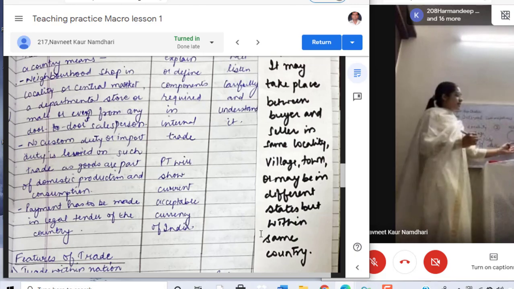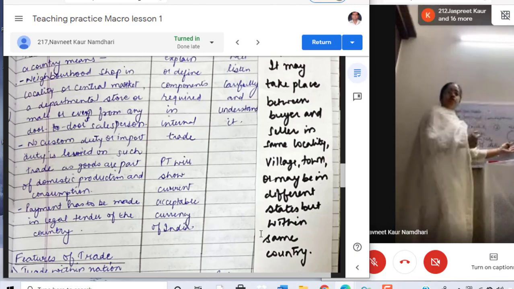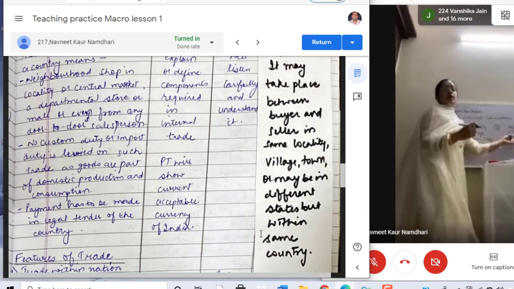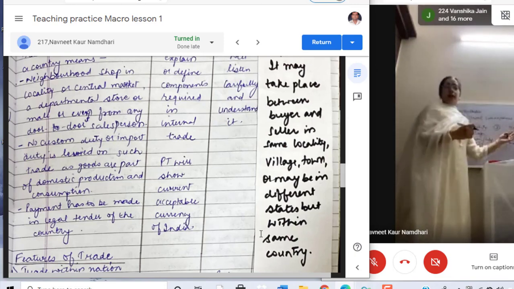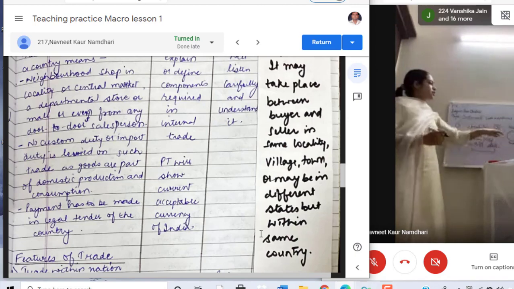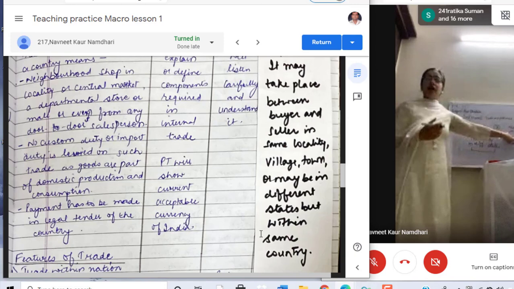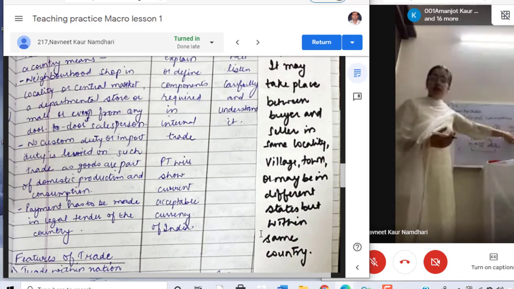And when India is receiving goods from Bangladesh, that means we are importing the goods from our neighboring country. So when we are exporting or importing goods, we have to pay some kind of custom duty or import duty, some kind of tax, to our government.